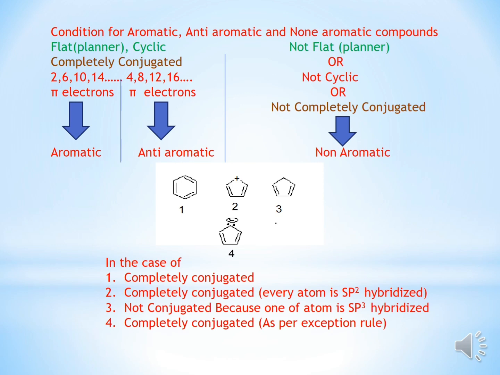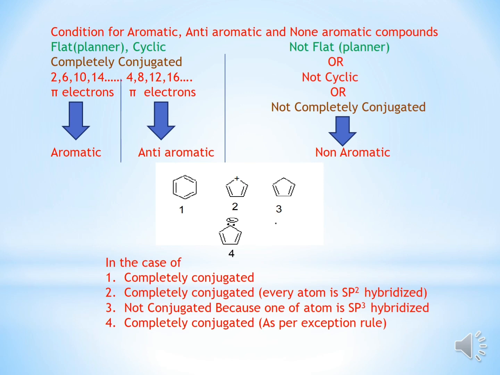As earlier we had seen, a carbocation having 3 attached atoms is also sp2 hybridized. So here every atom is sp2 hybridized, so it has a p orbital, overlapping is possible, conjugation is possible, and that is why it is completely conjugated.